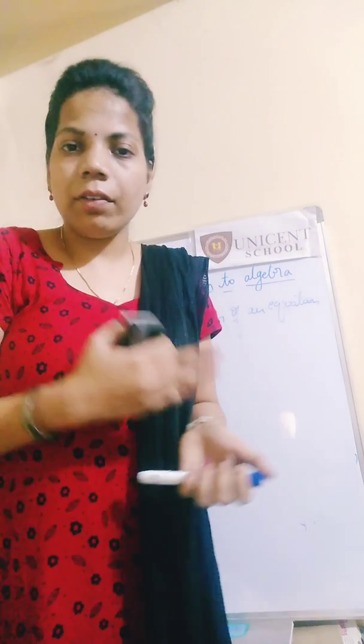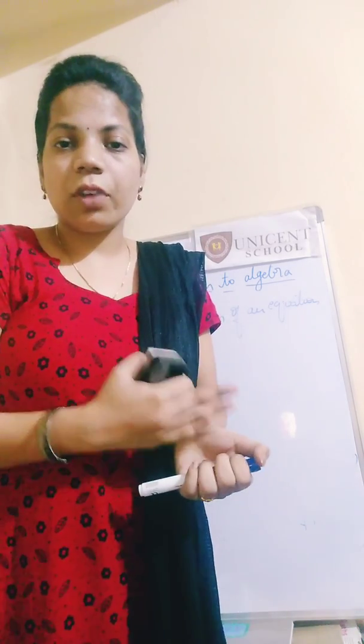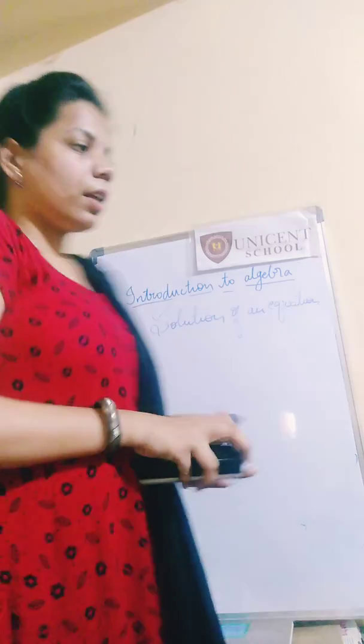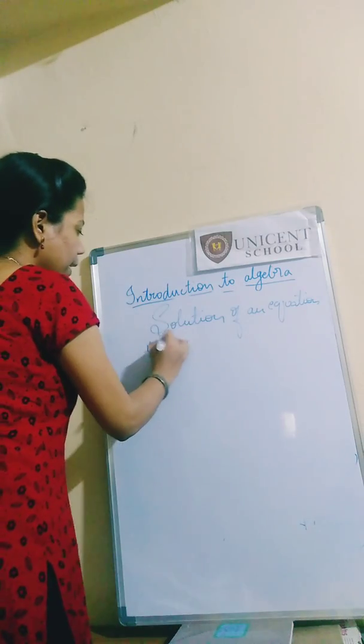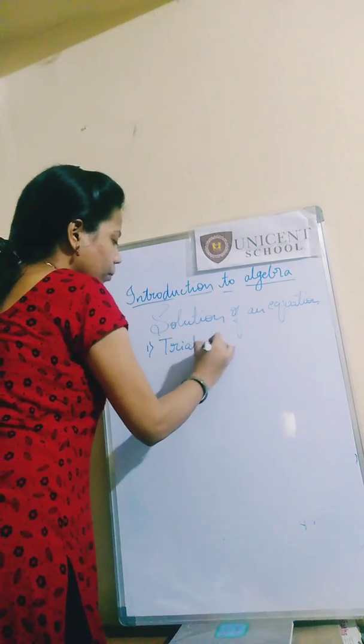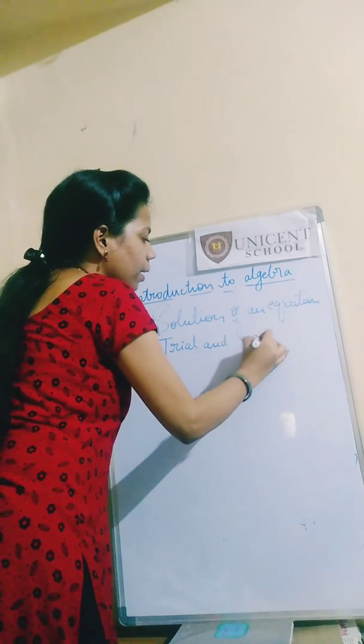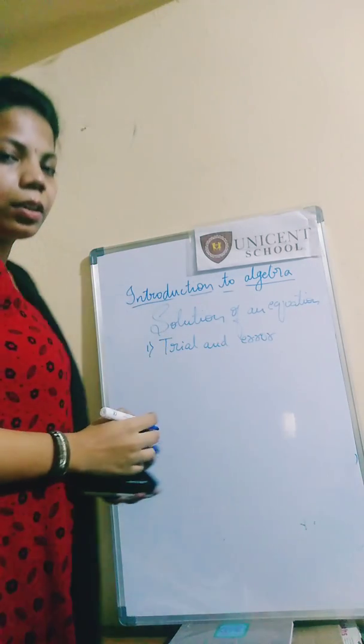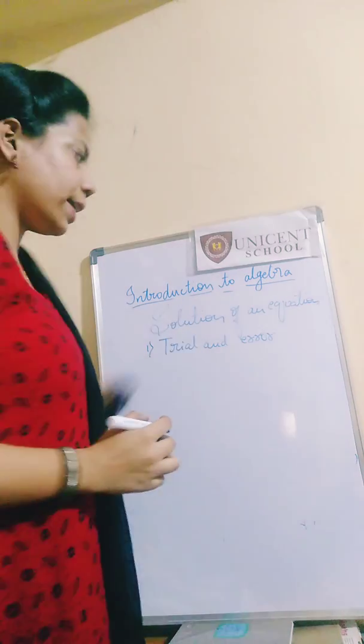Understood? So we can find the solution of an equation by two methods. The first method is trial and error method. Okay, so now I am taking an example.